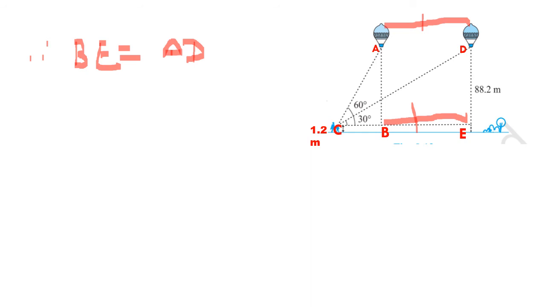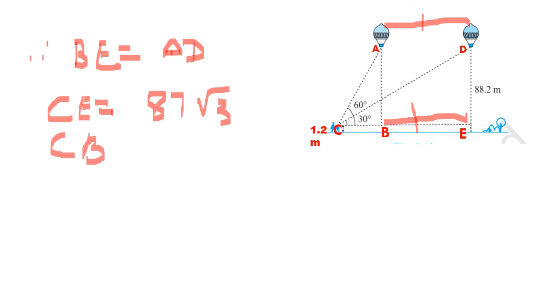We already have CE, which is the distance of the larger triangle, as 87 root 3. And what about the smaller triangle's distance? CB is equal to 87 upon root 3. Let us subtract.